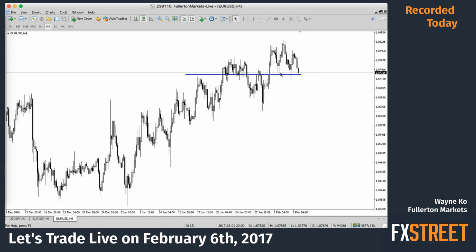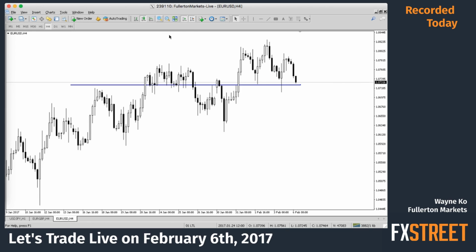The H4 is forming something like a head and shoulder, if you can spot it. Over here, very extreme. It went up, came down, went up, came down, and it goes up and is coming down. So it is almost approaching the neckline of the head and shoulder.